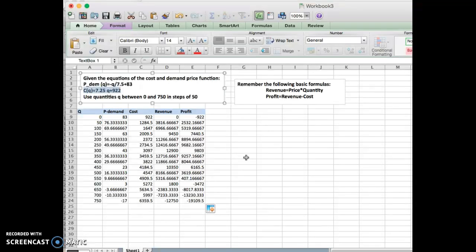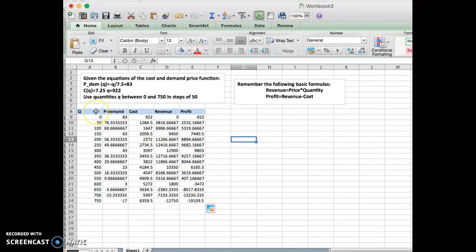So we would say that the 7.25 is the variable cost, and the 922 is not dependent on the amount that you're actually producing or selling in this case. And so therefore the 922 is the constant or the fixed cost.